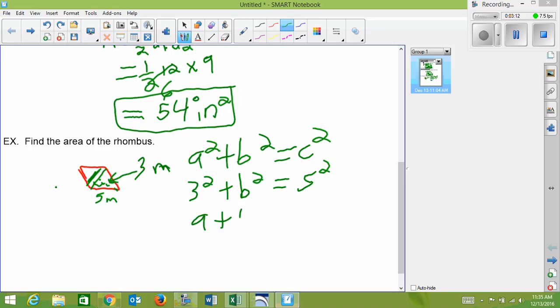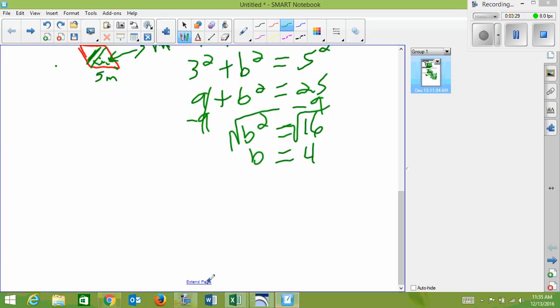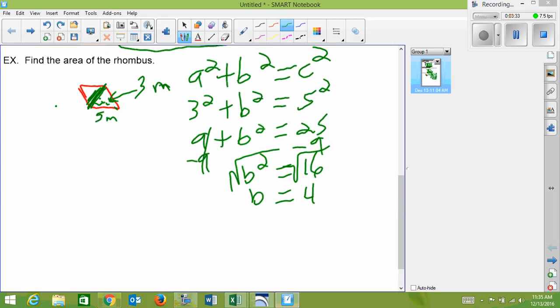And so 9 plus b squared is 25, minus your 9. So b squared equals 16. And then you're going to have to square root to get your b of 4.